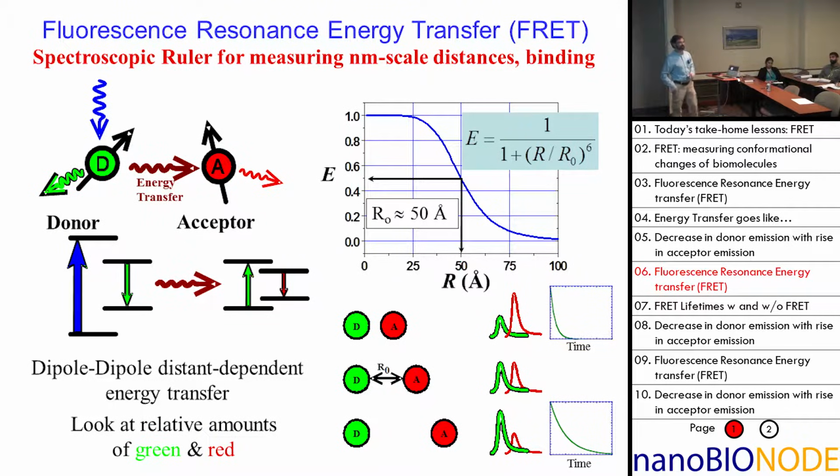I don't really get why the lifetime would decrease if the donor is releasing less light. Okay, the lifetime decreases.